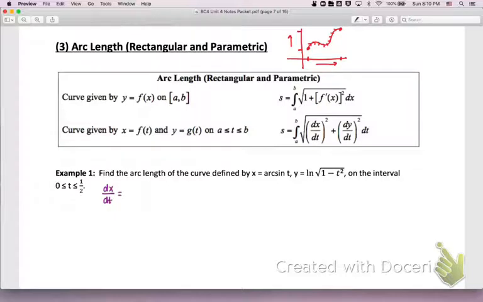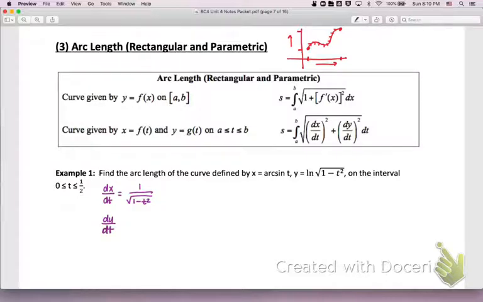The derivative of arc sine of t is going to be 1 over the square root of 1 minus t squared. I'm 90% confident on that. Then dy dt, it might be t squared minus 1, but I'm almost positive that it's 1 minus t squared. I don't have it in front of me.